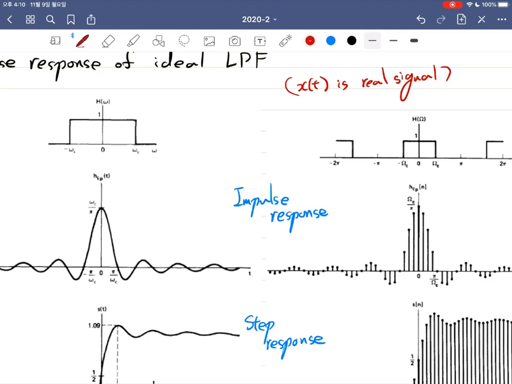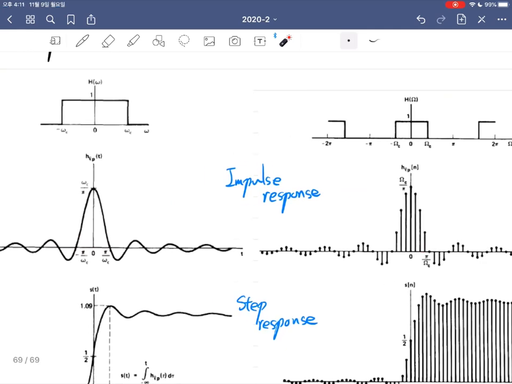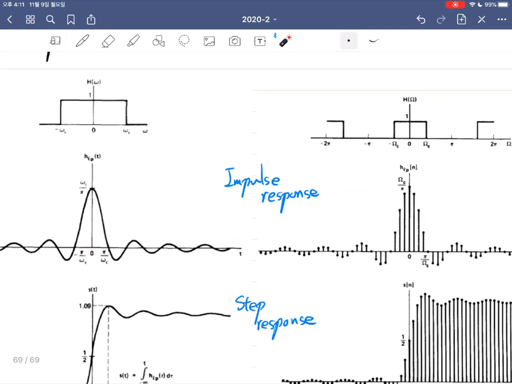But here, H of omega is the real value for both continuous time and discrete time. So to obtain this impulse response, what you have to do is the inverse Fourier transform. And the result is this value and this value.